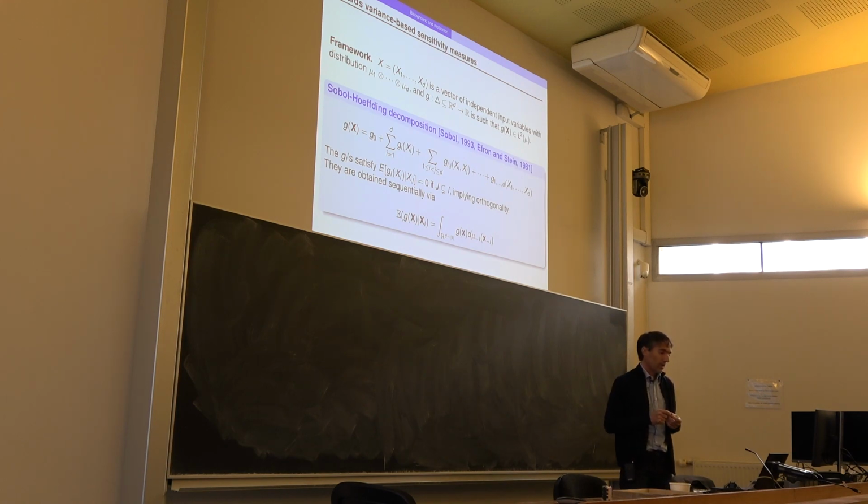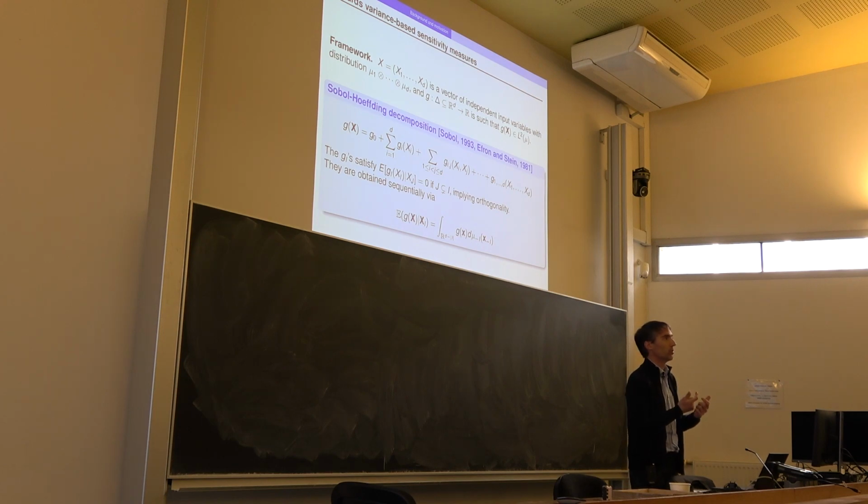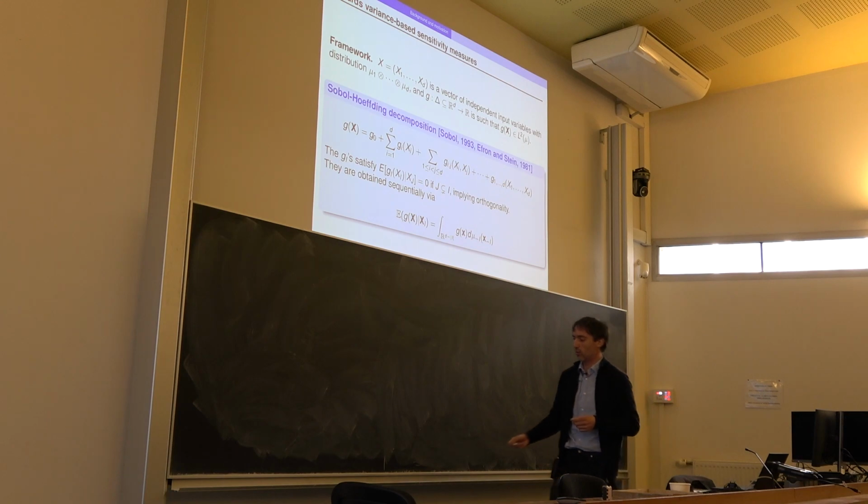So it implies unicity of the decomposition, and also it implies that the terms are orthogonal. Okay, so maybe I can give you an intuition of this decomposition on the two-dimensional case. I will write it on the board now.